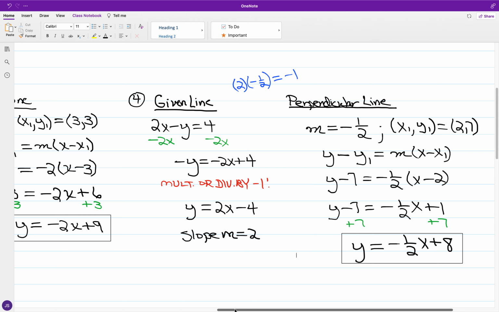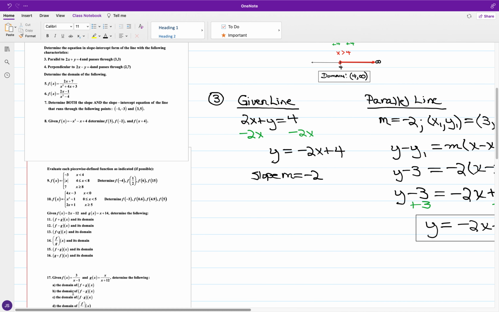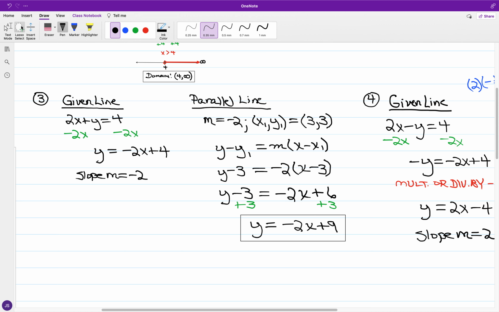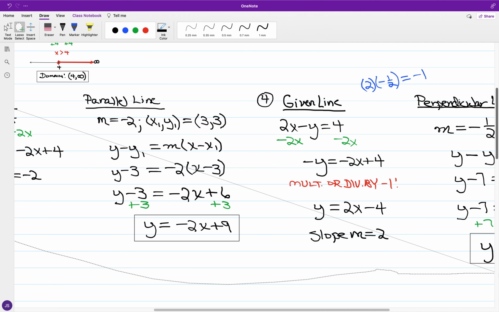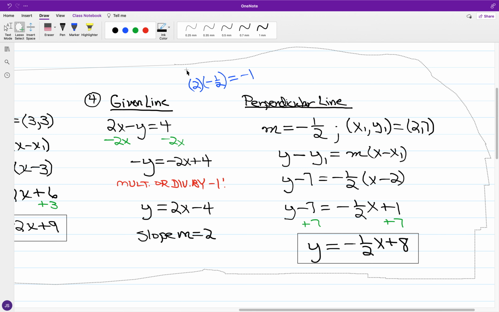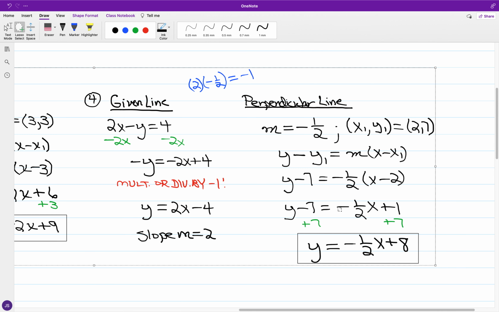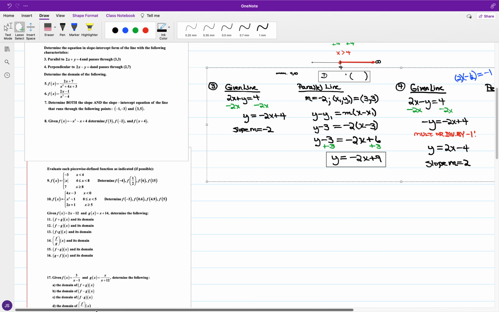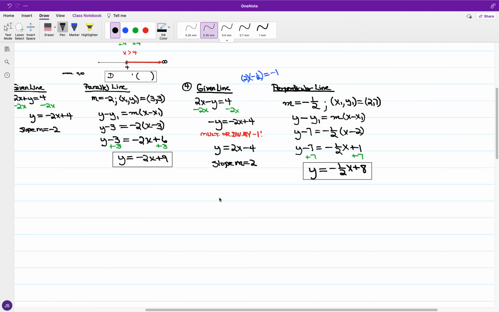Now, for the next item, number 5, we're looking at determining domains of functions, and just looking at what we have here. So you have a couple of functions whose domain we will be determining.